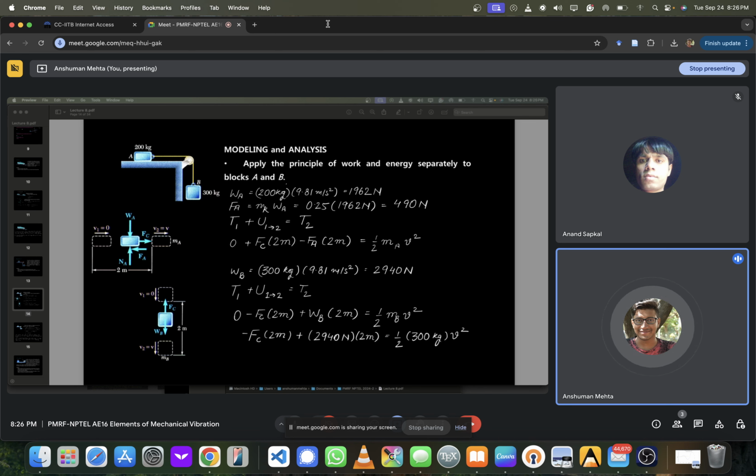So when these two relations are combined, the work of the cable force is cancelled, and now we can solve for the velocity.